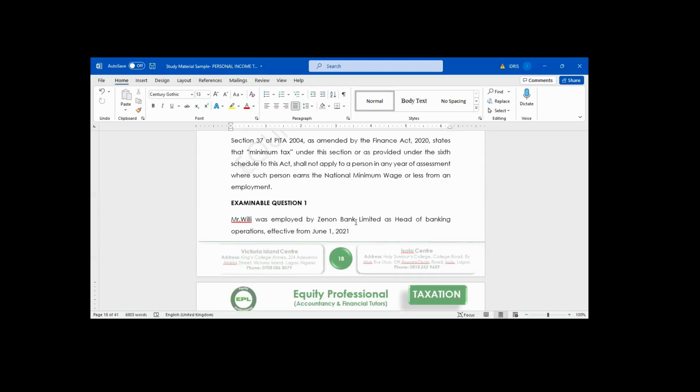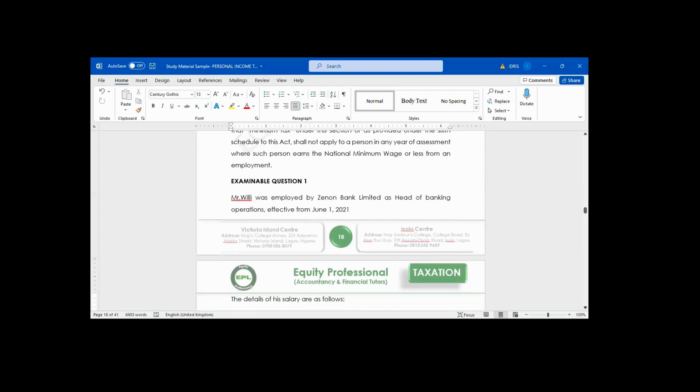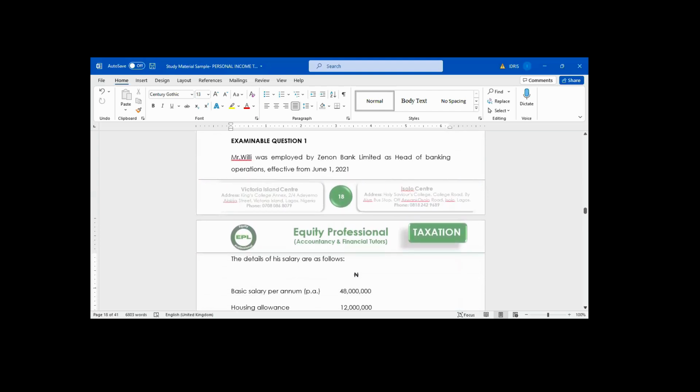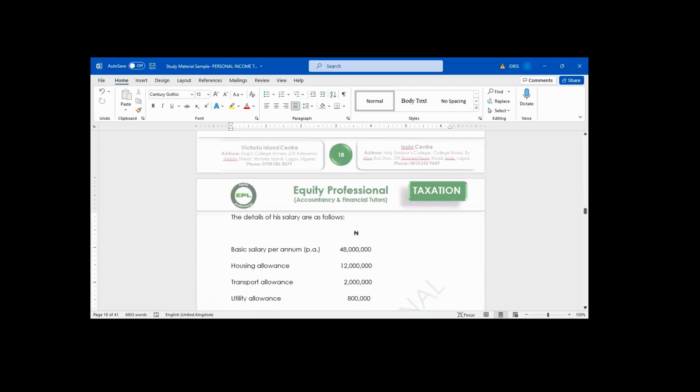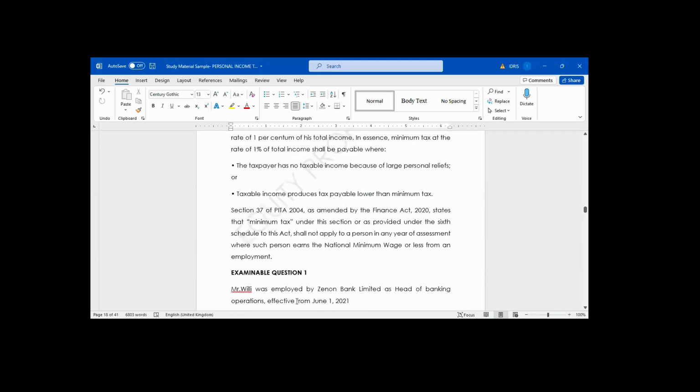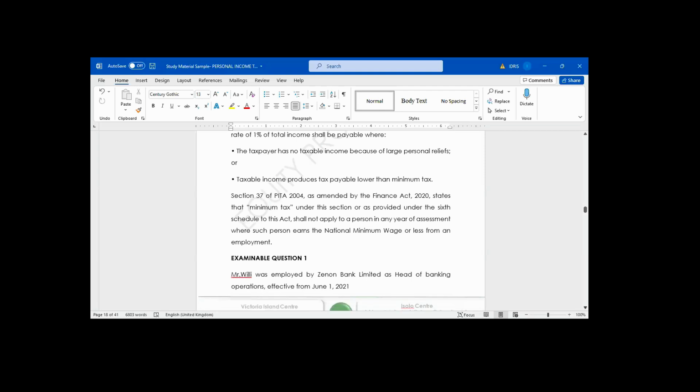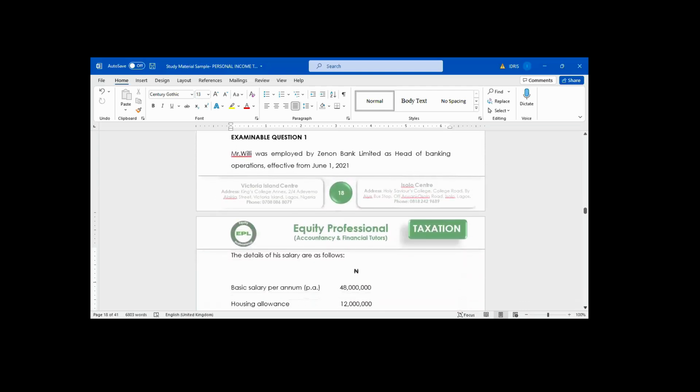Now, which year is going to be the year of assessment? The information given to us says Mr. Willie was head of banking, effective from June 1st, 2021, in Zenon Bank.